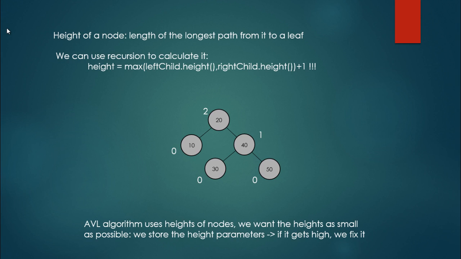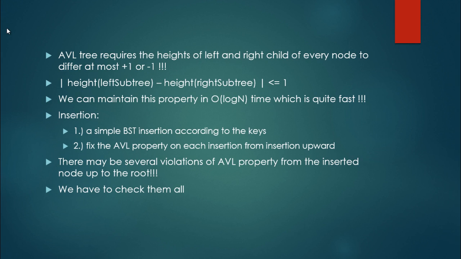So the AVL algorithm uses the heights of nodes. We want the heights as small as possible. We came to the conclusion that if we make sure these height values are small, our tree will be balanced, and that's our aim. So we store the height parameter, and if it gets high, we fix it with rotations.